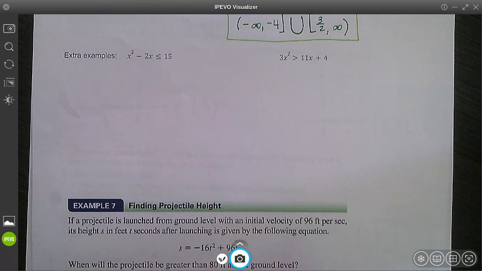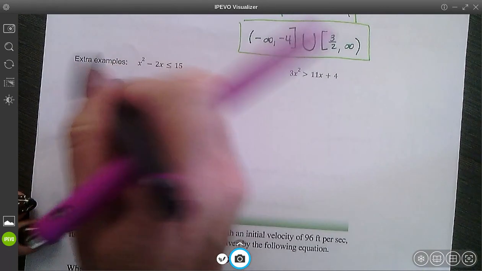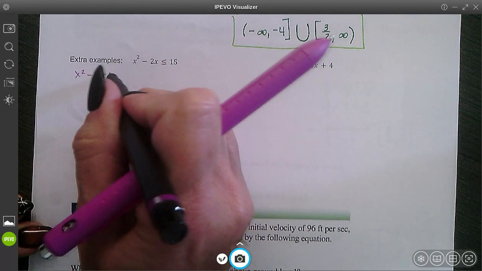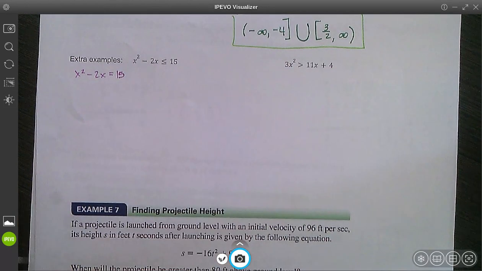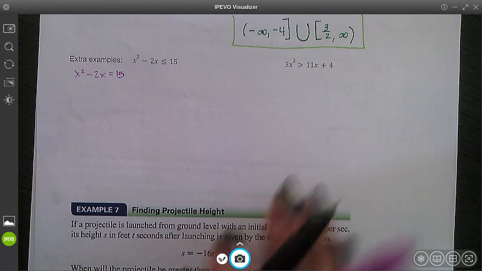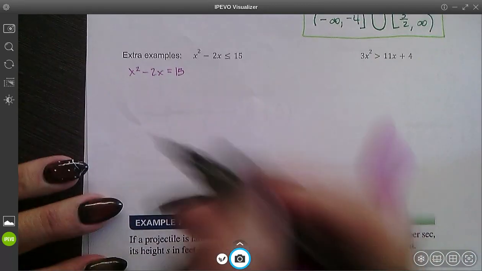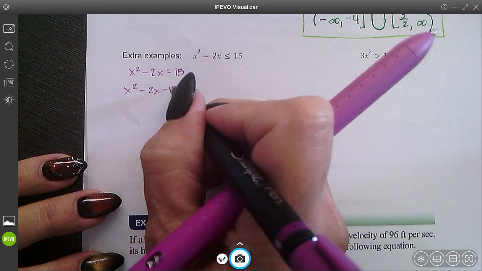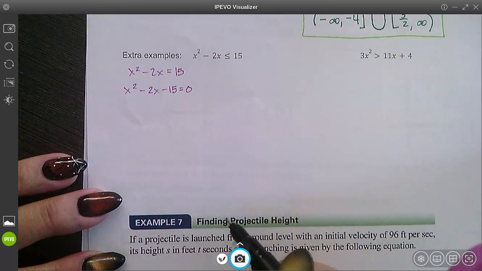I'm going to start by replacing the inequality with an equal sign. X squared minus 2x equals 15. In order to be able to factor that, I'm going to need to get it equal to 0. So I have x squared minus 2x minus 15 equals 0.